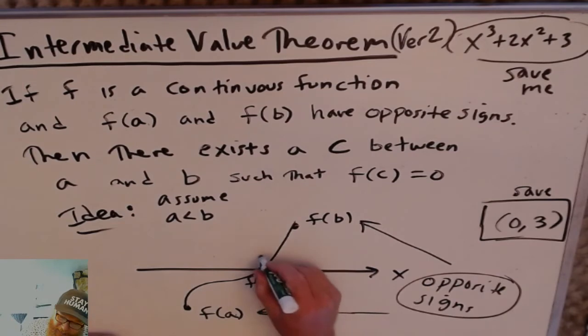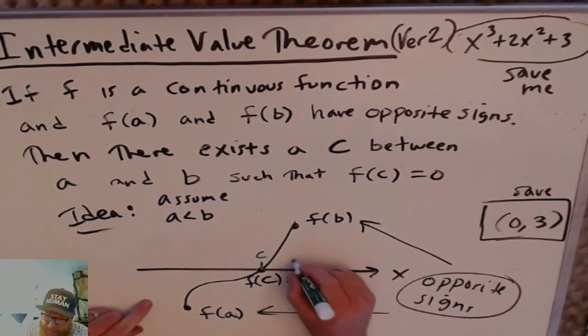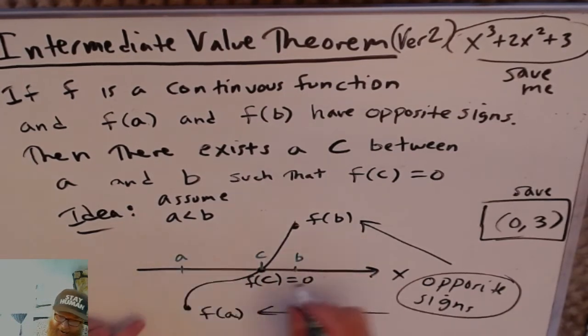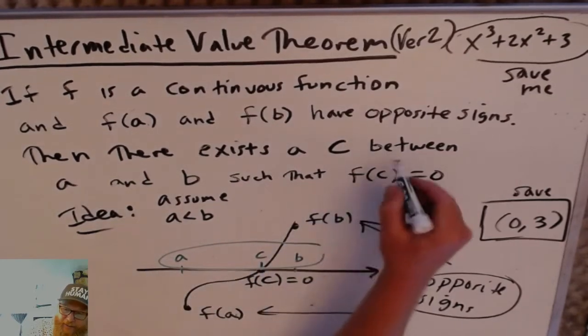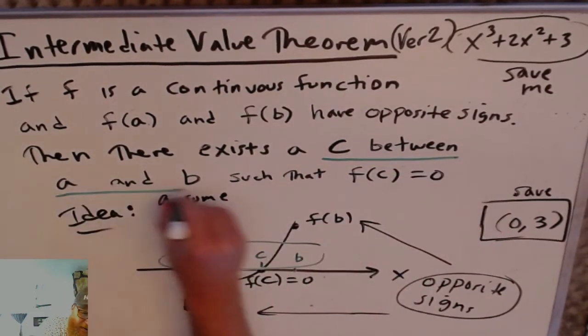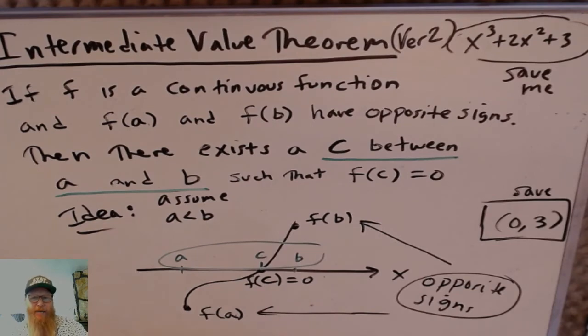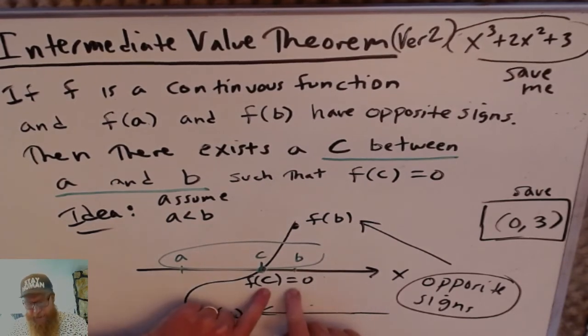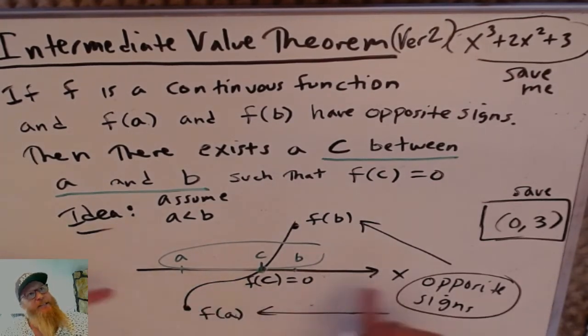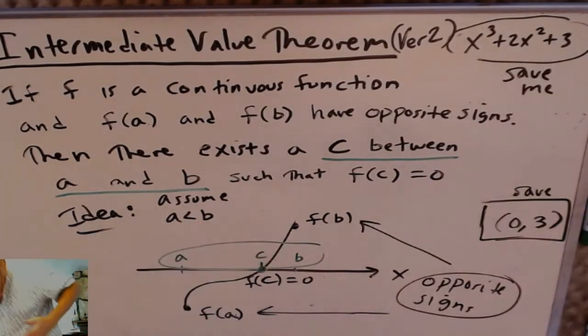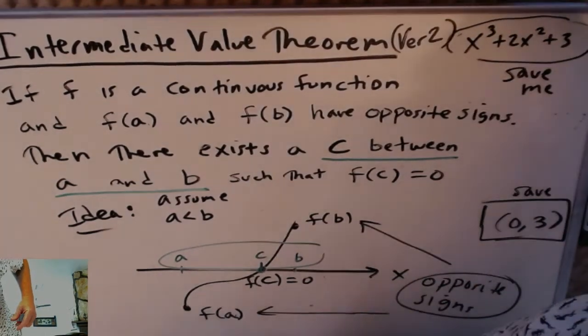So this is C, this is B, and this is A. And notice that C is between A and B. I know that it must be somewhere in between. And why is it equal to 0? Because it's exactly on the x-axis, and that's what it means to be equal to 0. It means that you are on the x-axis. That's why we call it a 0 or an x-intercept.